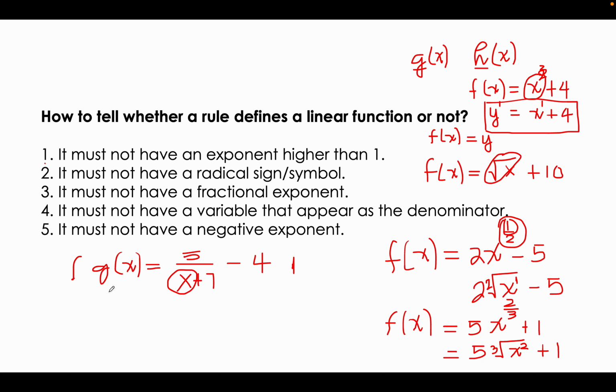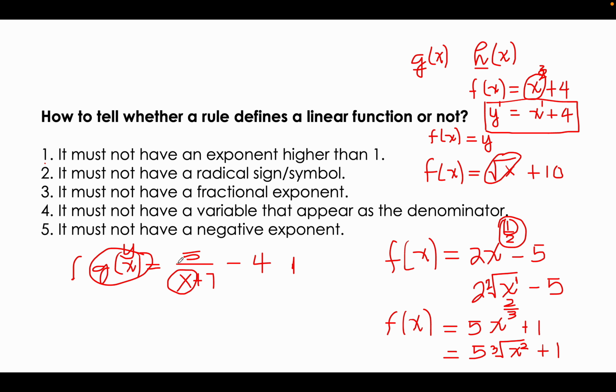We call this one a rational equation or function. Kung hindi siya g of x, you have to take note halimbawa, y lang siya, so this is what we call a rational equation. Kung ang notation na gamit is g of x, nakaganito siya, nasa function form siya. Are you following? Okay.